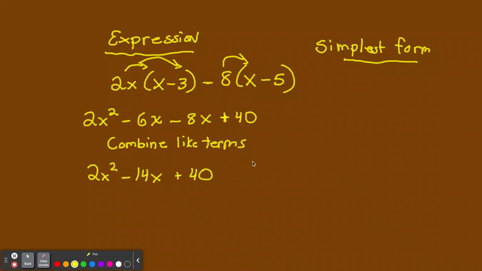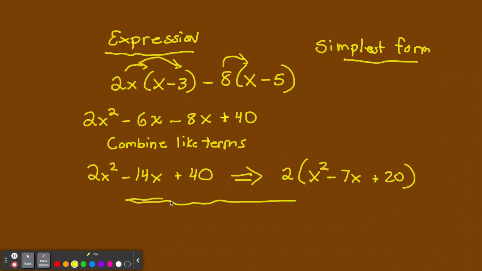If we take out the 2, we're going to get x squared minus 7x plus 20. Right? If we take out the 2, we know that 2 times x squared is 2x squared, and 2 times negative 7x is negative 14x, and 2 times 20 is 40. So that's the type of question and how you should answer it on the Regents.